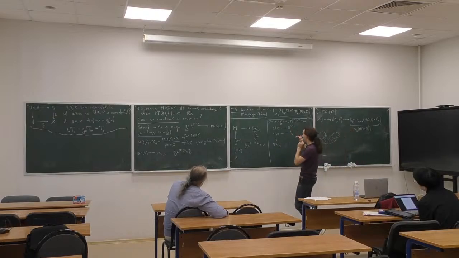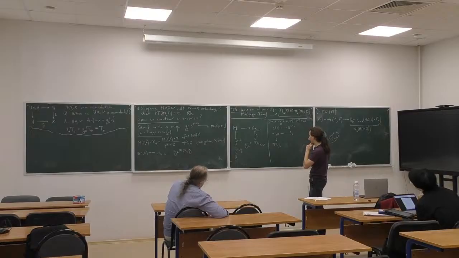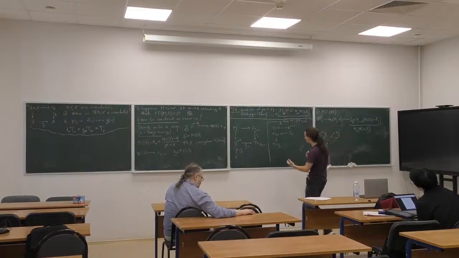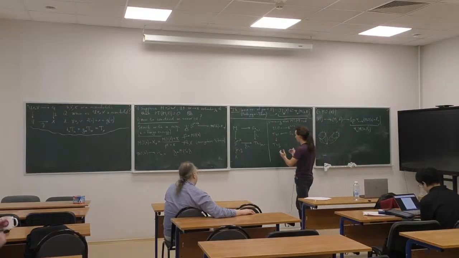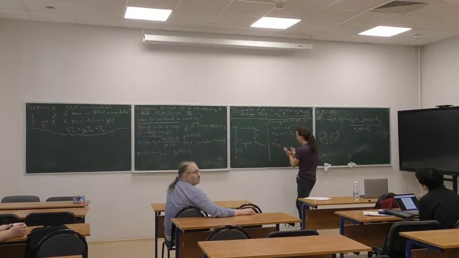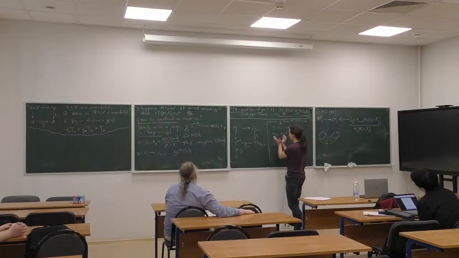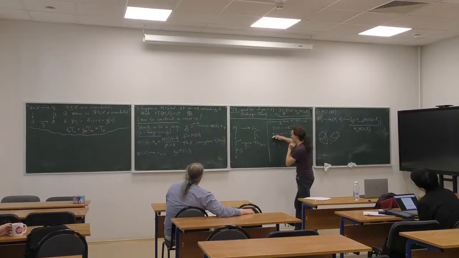So the question is, in this universal bundle, we have the zero section. It corresponds exactly to the zero section of the Thom space of the normal bundle.